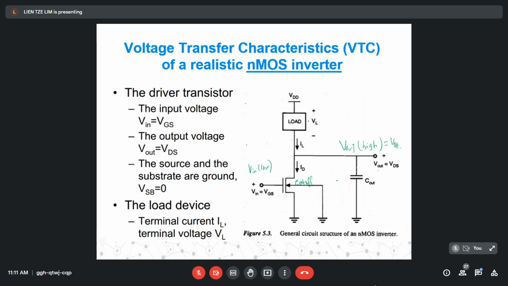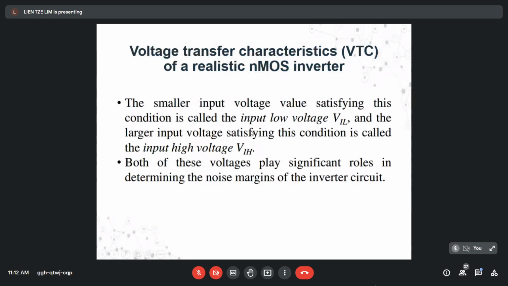Because the output here, if we refer to the VDD, the load, there is no current conducted, and the voltage drop here is also small. So the voltage level of the output here is at the level of VDD.